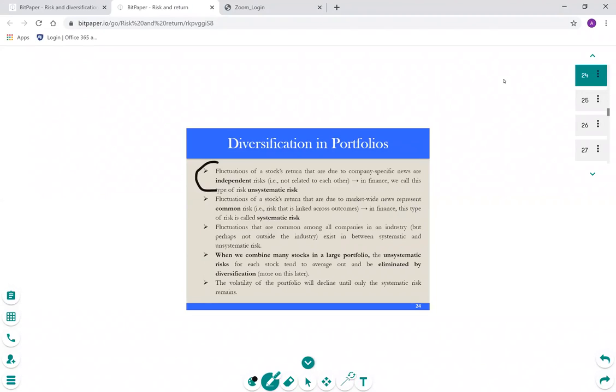By holding a bunch of different assets for a lot of different companies, you can reduce the variance, reduce the risk, because you don't expect all of them to all go south all at the same time. There are going to be fluctuations that happen somewhat independently. And by diversifying, you can get rid of that kind of unsystematic risk.